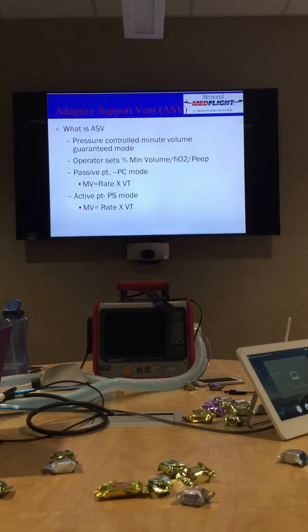But where the patient comes into play in this part is it also senses their lung compliance. So we talked about in pressure modes that it just hits that pressure and then it shuts off the tidal volume. But with this one, it actually will reach that pressure, but it will give the appropriate tidal volume. So it can tell your compliance in the lungs, and it can adjust either your rate or the pressure to achieve the tidal volume that you want for your minute volume.